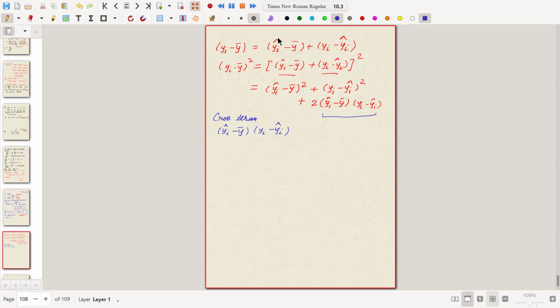Some terms you should think about, how they are coming, because some new things we have to do, but some old stuff we are going to use in the middle.